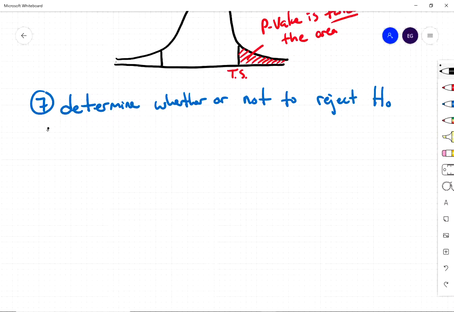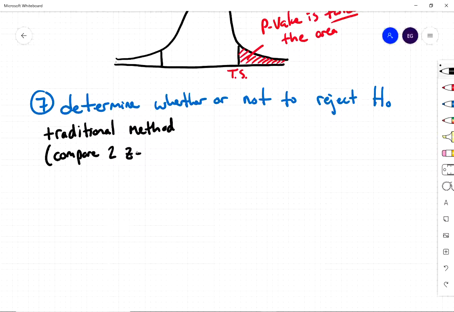So the two methods are the traditional method. And in the traditional method, you compare two z-scores.